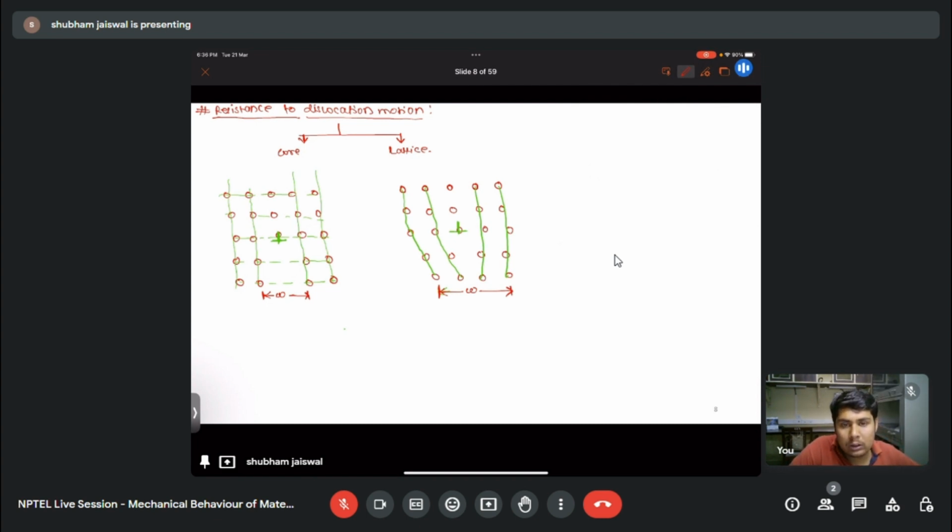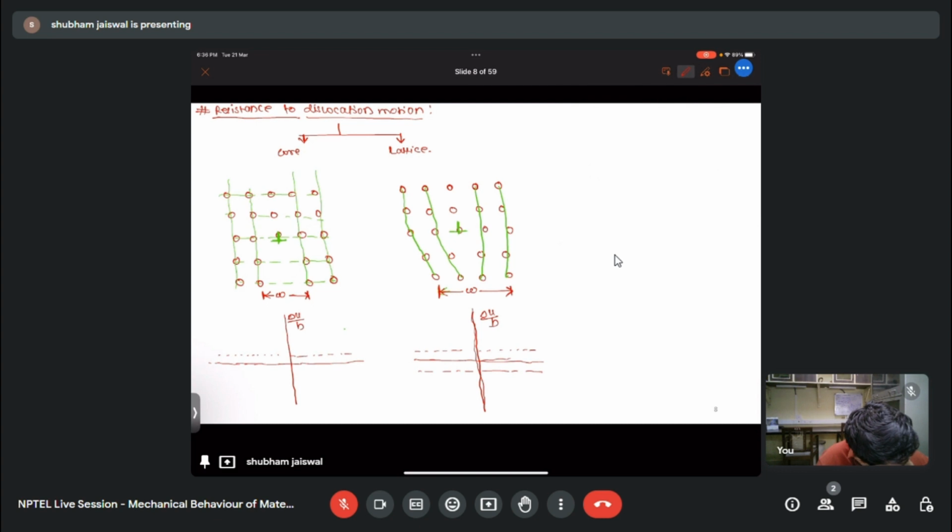Now if we plot the energy by Burgers vector, delta U by B, and take plus minus 10% of it, then this is the dislocation width.